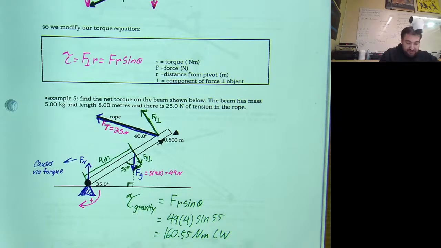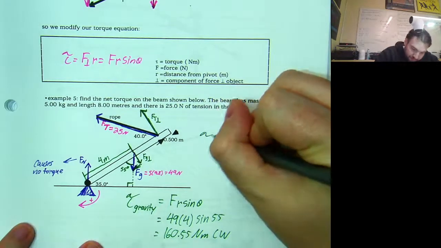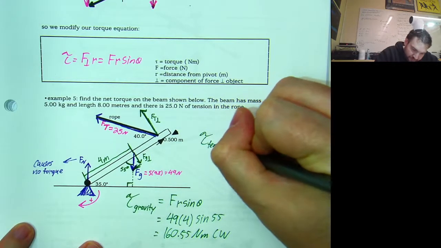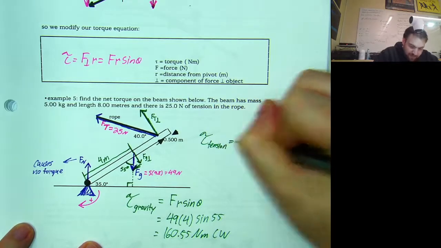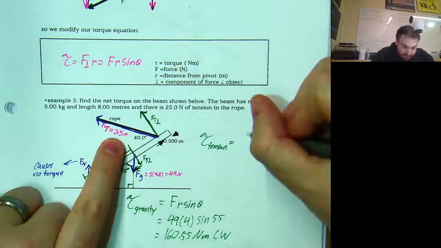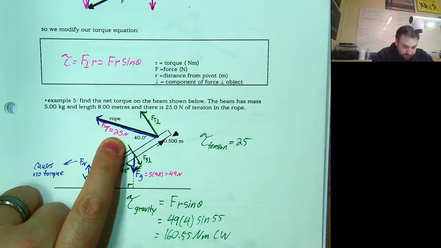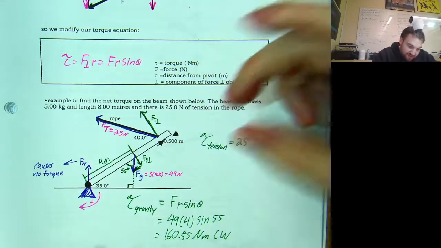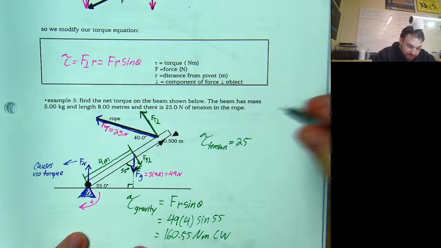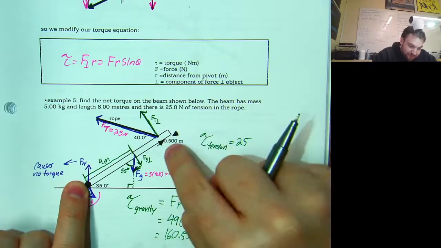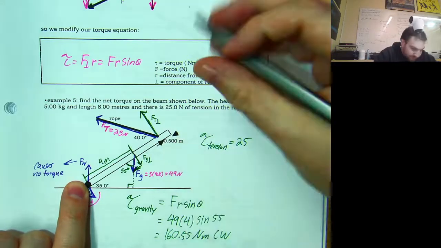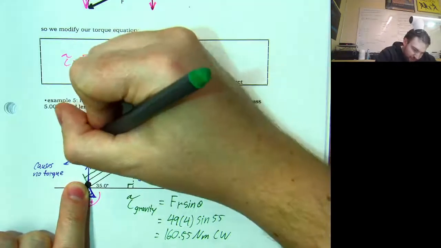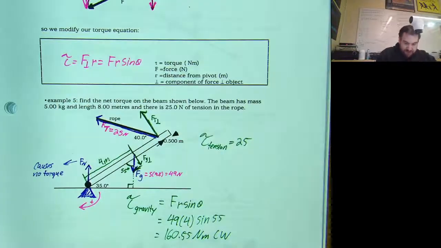Or we could just set this thing up and say, okay, well, the torque from tension is going to equal my force, which is 25 newtons, times the distance to the pivot. Now we're told that this is half a meter. So then this whole thing, how will I draw it?